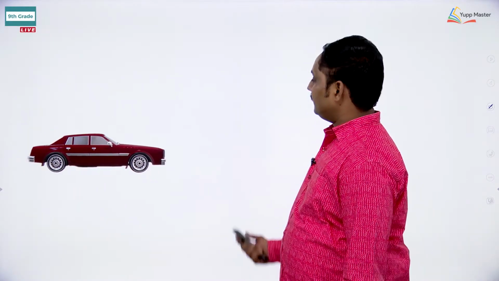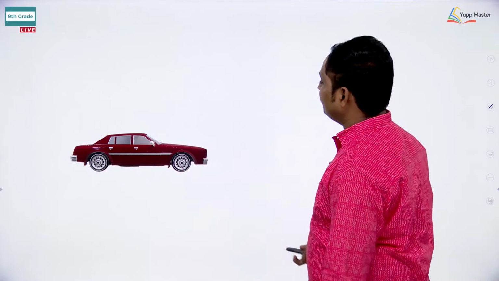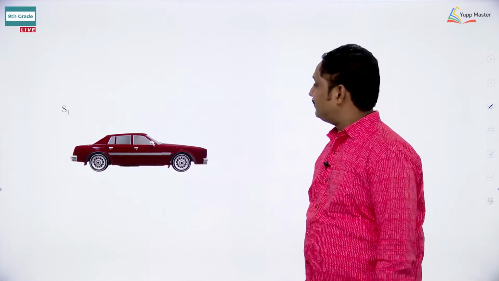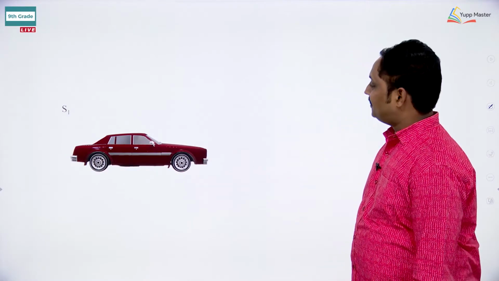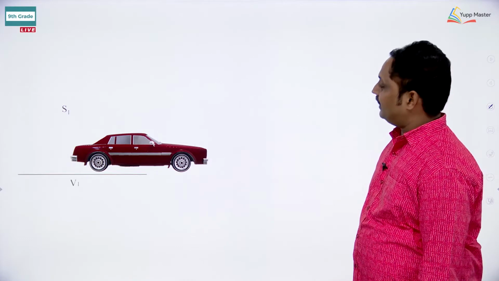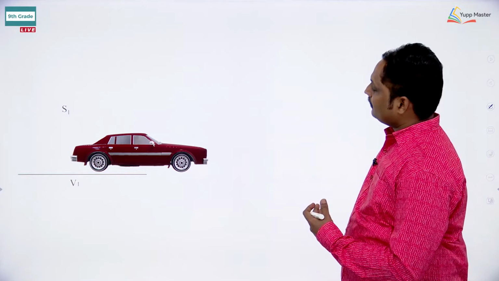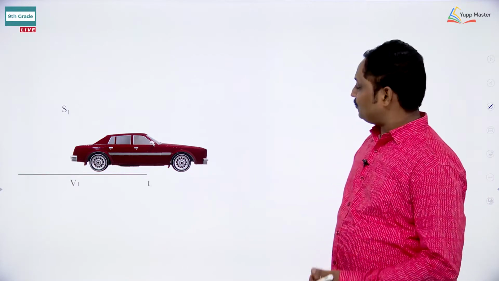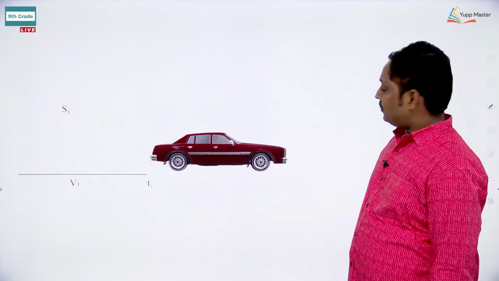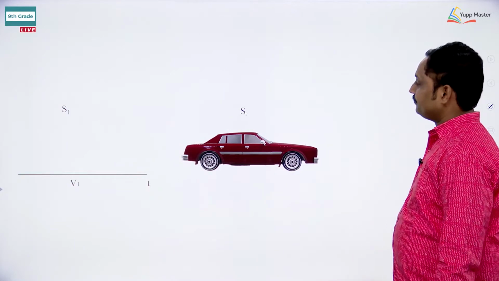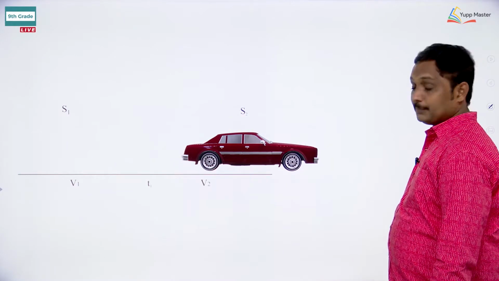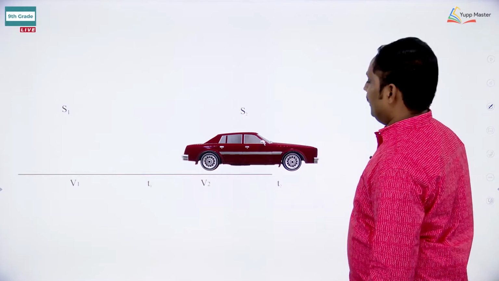Let us say this car has covered the distance S1 in the time t1 seconds with the speed v1, let us assume. Again it has taken displacement S2 at a different time interval t2 with the speed, right. It is clear.